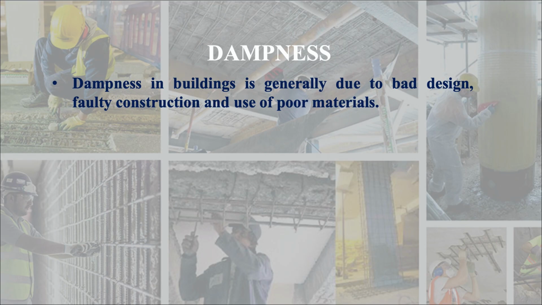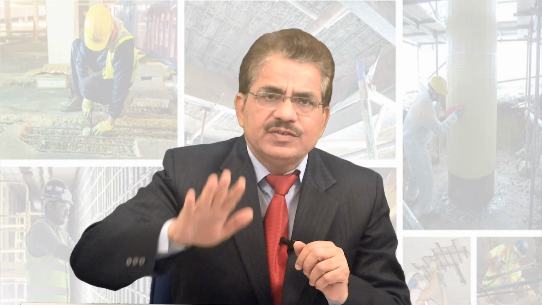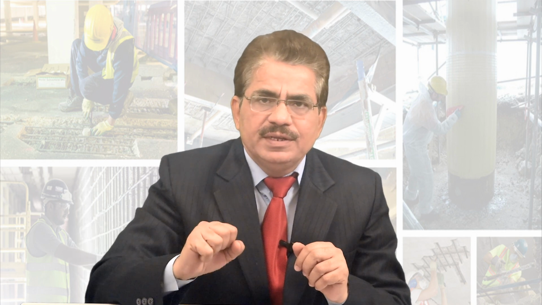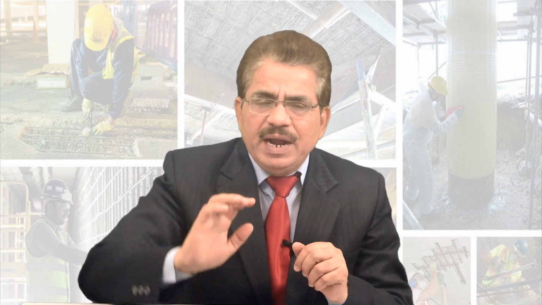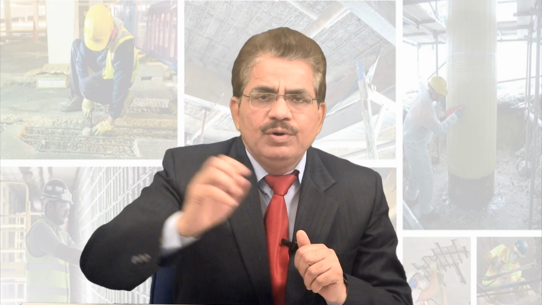Now let us deal with dampness. Dampness in buildings is generally due to bad design, faulty construction and use of poor material. These are the three main reasons for dampness in the building. Either design is bad or construction is faulty or poor quality of material is used in the building.